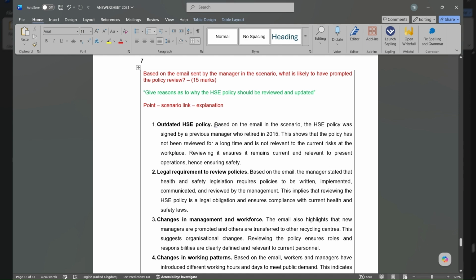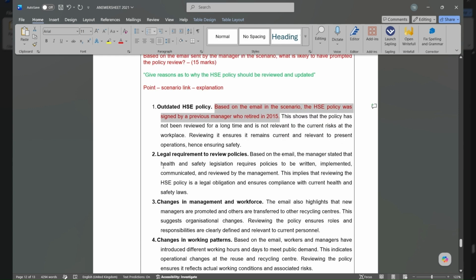Remember, give the point, link the point to the scenario, right, up to here, and then explain why an outdated HSE policy needs reviewing and updating. Number 2, legal requirement review policies. This is the point.